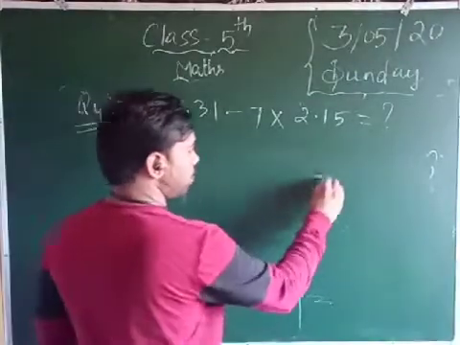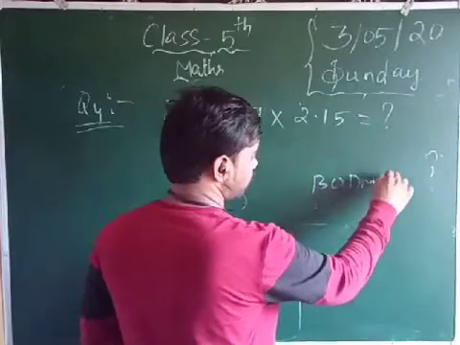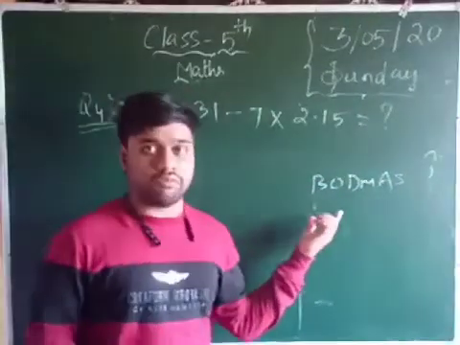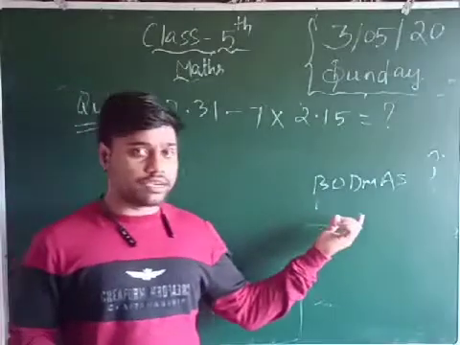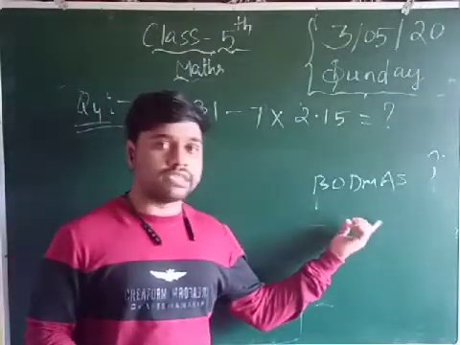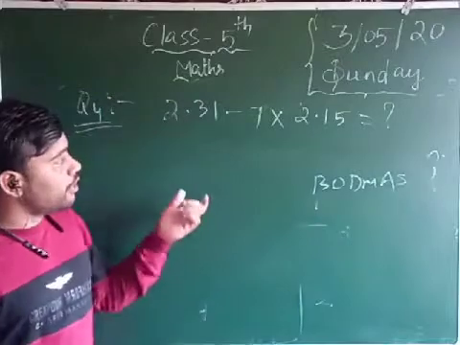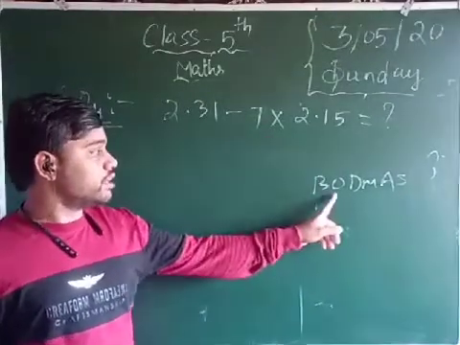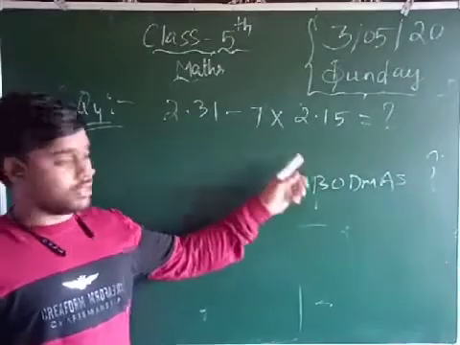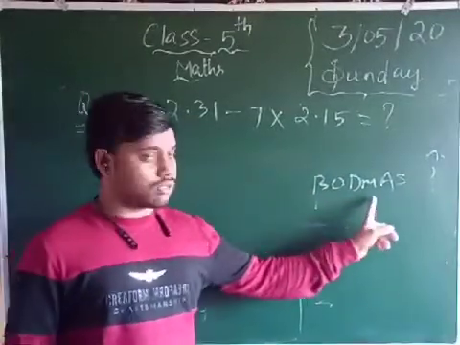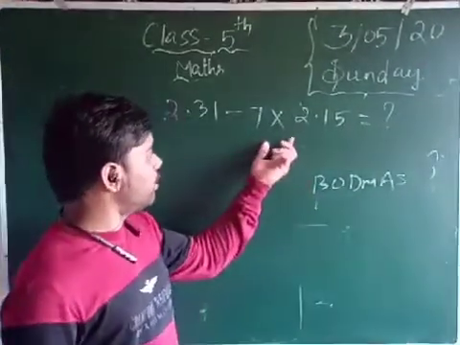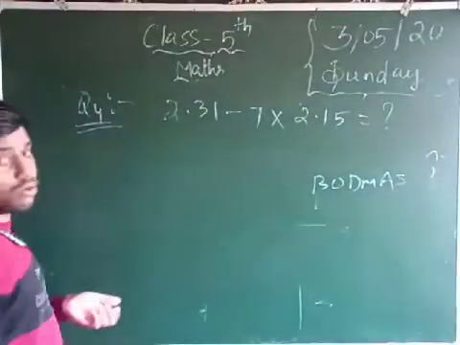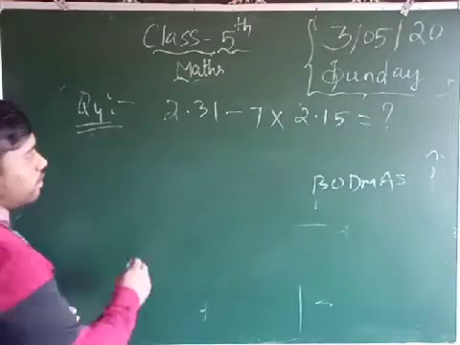Now, guys, BODMAS. Keep it in your mind: B means bracket, O means of, D means division, M means multiplication, A means addition, S means subtraction. Now you do the multiplication. Division is not present, of is not present, brackets are not present. Next, what is present is multiplication. You do this first, and the subtraction is done after, because that is the rule in BODMAS.